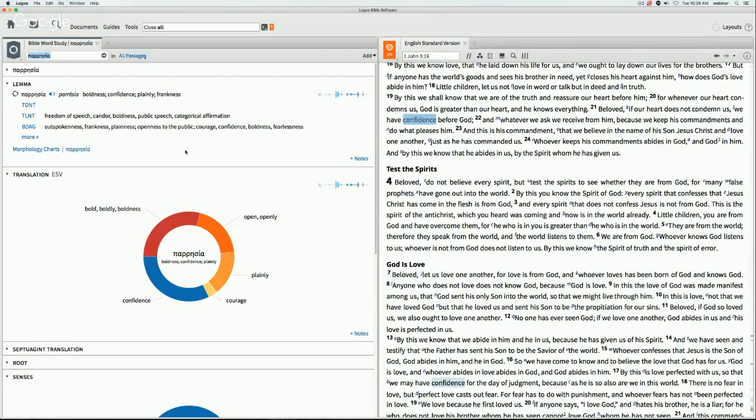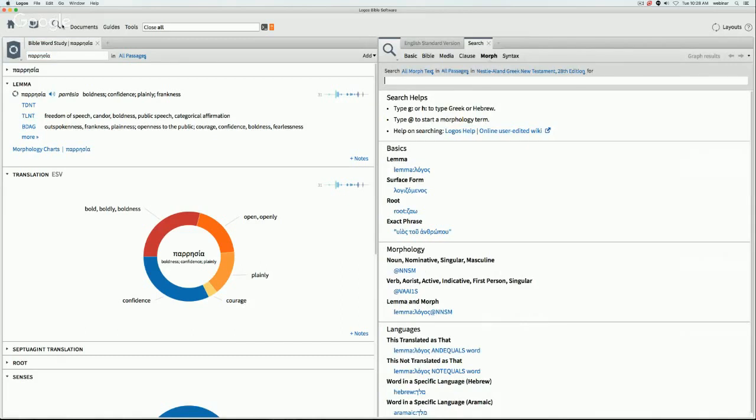So what you would do is you would open up the search, and for lemma, you would do the same thing that you almost do for Bible word study. If you recall, we typed in Greek G for that. Instead, go to the morph and then type in lemma, and then whatever Greek word you're looking for. So, for instance, parousia, you can start to type out the transliterated form, and you'll get a suggestion box right there.